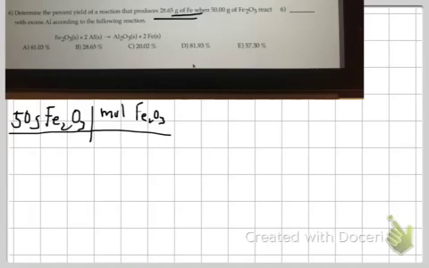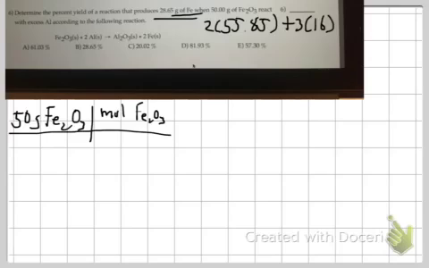We have to look that up. Let me grab my periodic table. So for Fe2O3, I'm going to do this on the top here, it'll be 2 times 55.85, that's the number for iron, plus 3 times 16, that's 48.